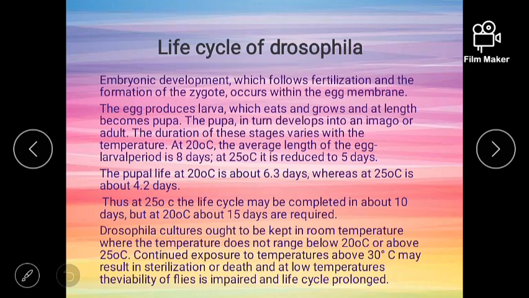At 20 degrees Celsius, the pupal life is 6.3 days, whereas at 25 degrees Celsius, the pupal life will only last for 4.2 days. So temperature really matters here.